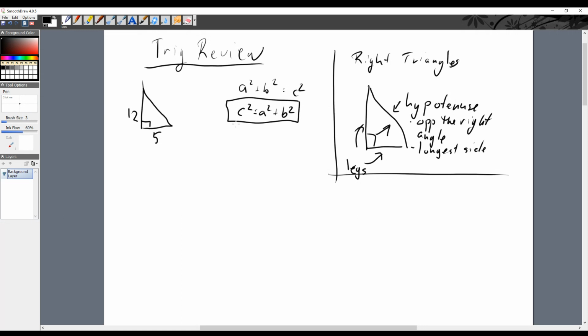And when we think about the Pythagorean theorem, c is always the hypotenuse, and the other two sides can be the legs. It doesn't matter which one is which. So over here, this side would have to be side C, and this could be A and B or B and A. It doesn't really matter which is which.